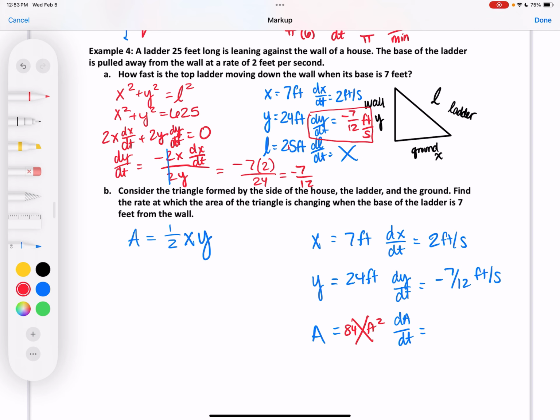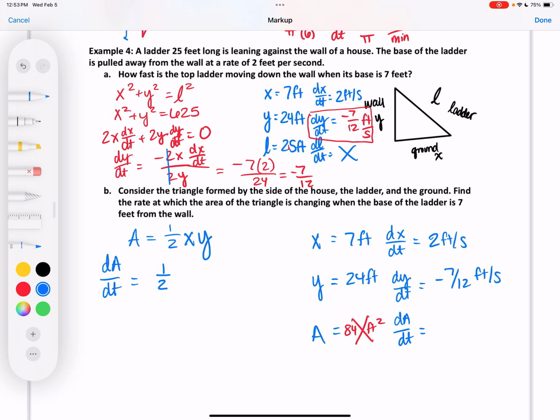So we take the derivative of this equation with respect to t. dA/dt is equal to 1/2. Do I keep the 1/2? Yeah, the 1/2 will be on both pieces, or you can factor it out. I would leave it on both pieces at the moment. So 1/2.